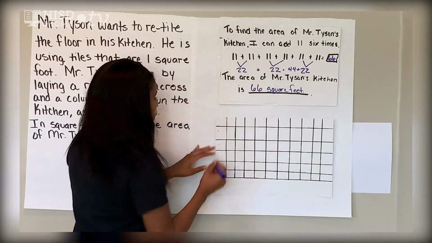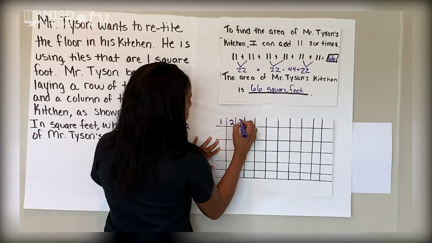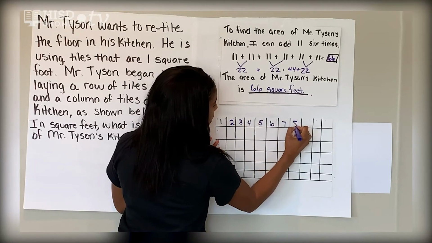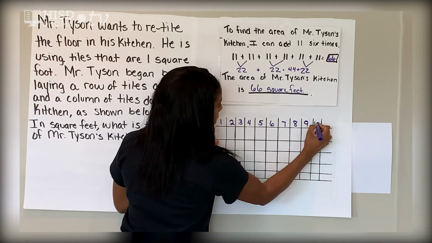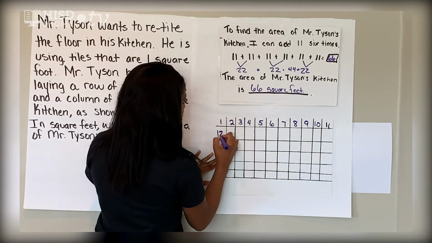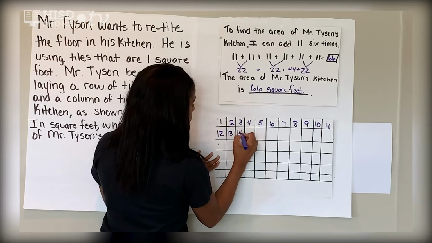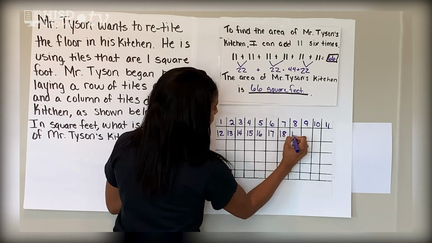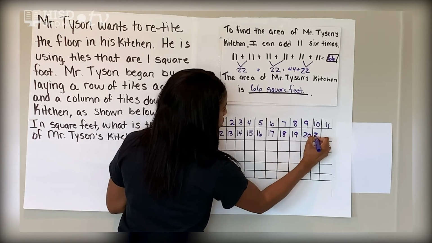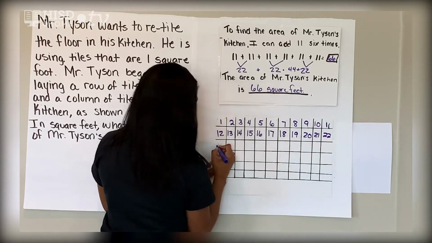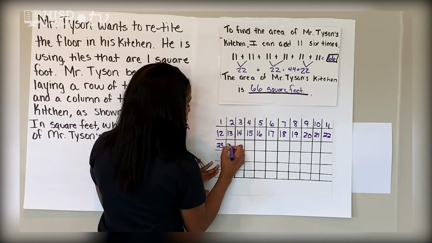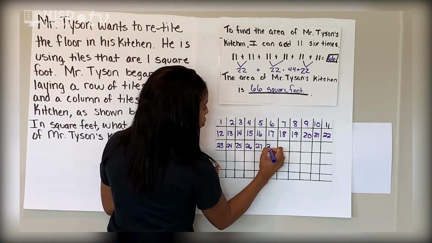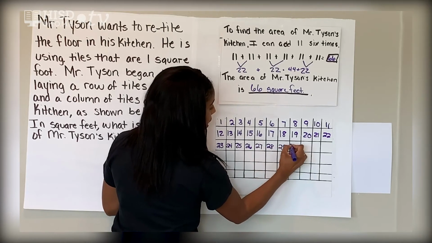Let's get to counting. 1, 2, 3, 4, 5, 6, 7, 8, 9, 10, 11, 12, 13, 14, 15, 16, 17, 18, 19, 20, 21, 22, 23, 24, 25, 26, 27, 28, 29, 30.